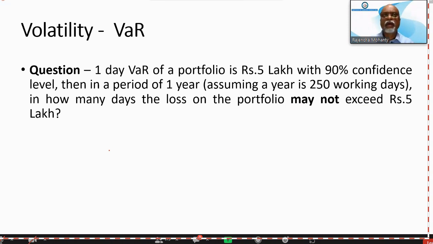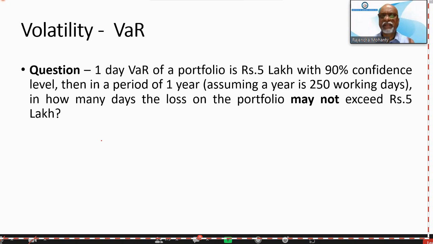Okay, now how is this VAR useful? VAR is a tool used to calculate the loss of any investment which might happen, so that we can take protection against that loss. So it is a tool for protection of the bank's business, so that our customers, shareholders and employees will be safer.